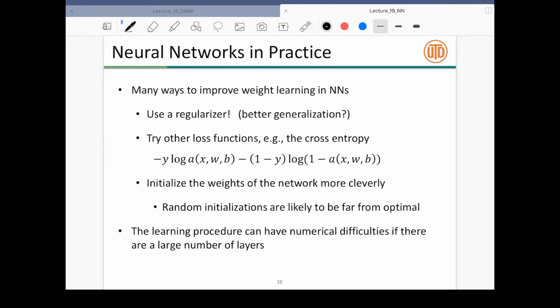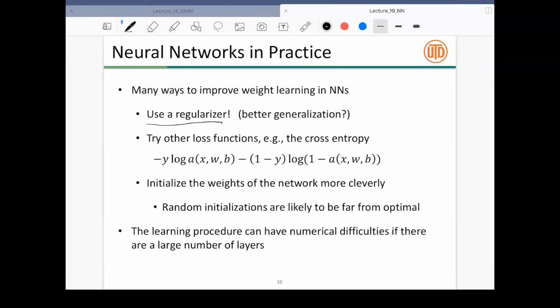All right. So many ways to improve learning in neural networks, right? One is to use the regularizer. And obviously, as we have seen multiple times, the whole goal of regularization is to prevent overfitting and get better generalization, right?